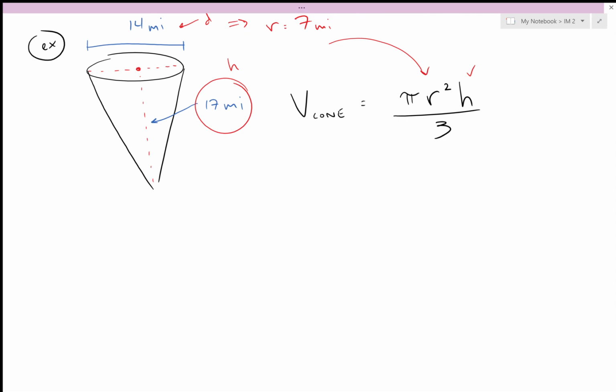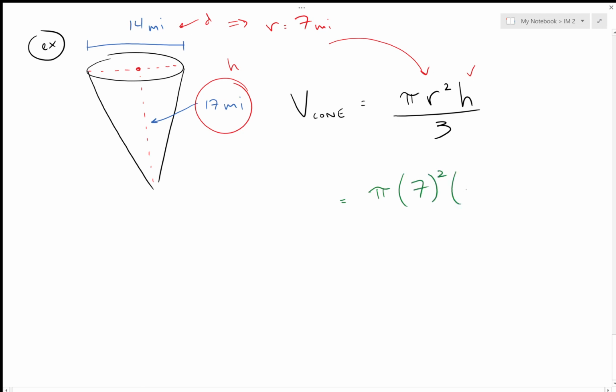So now I do have all my information. Let's go ahead and plug it in. So pi, radius is 7, but it needs to be squared. Height is 17. Divide the whole thing by 3. All right, so this one needs a little bit more math. I've got pi. 7 squared is 49. 17 still there.